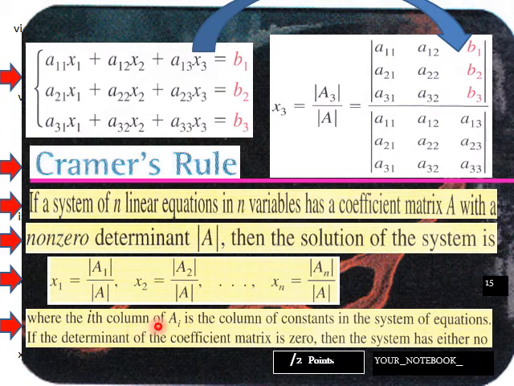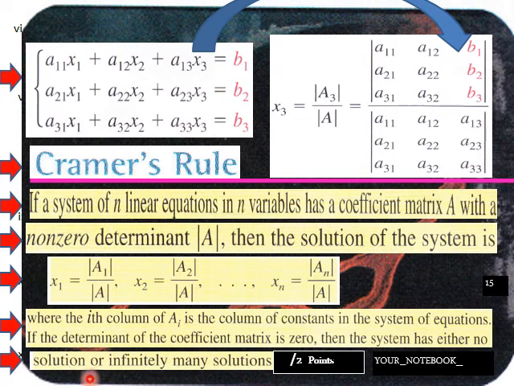Where the ith column of A is the column of constants in the system of equations. If the determinant of the coefficient matrix is 0, then the system has either no solution or infinitely many solutions.